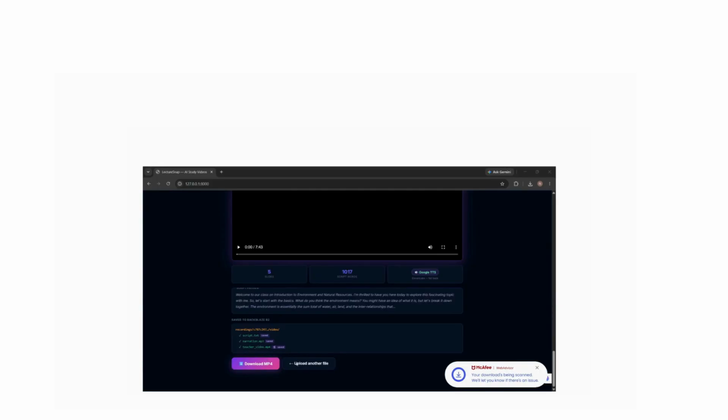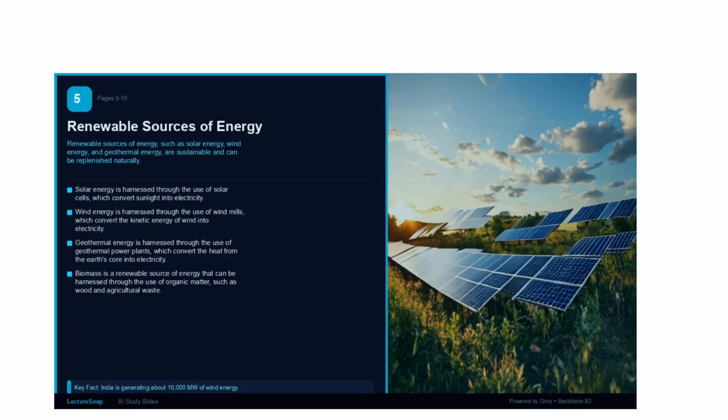Let's bring in a cause of environmental degradation. We need to be mindful of our actions that affect the environment. Water logging can be controlled by preventing excess irrigation and using good quality water. Non-renewable sources of energy are finite resources that will eventually run out, while renewable sources of energy are sustainable and can be replenished naturally.